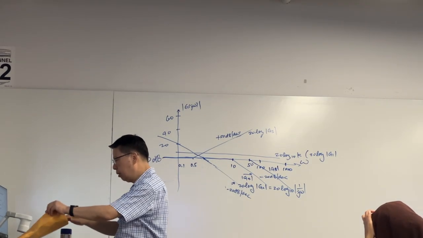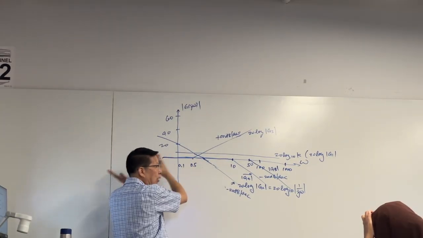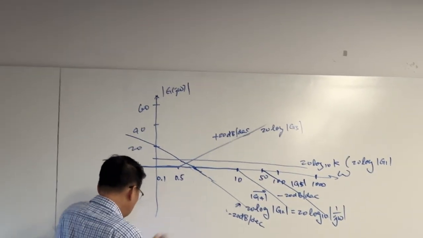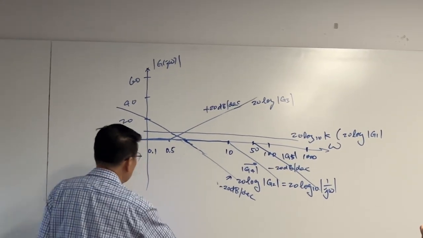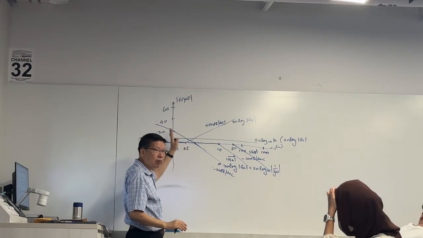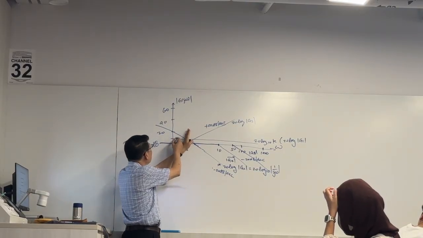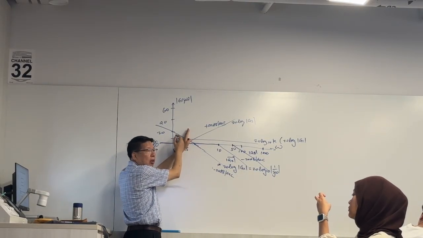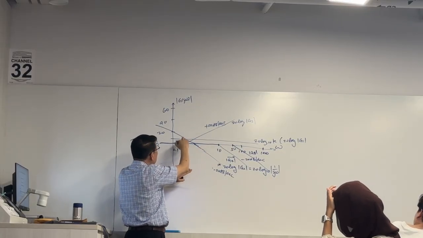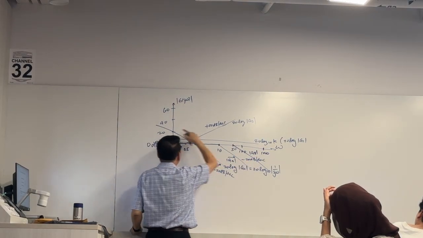Then we say that the overall is the sum of these. Then we start from the left. I use black color to denote the overall. It starts from the left before the first corner frequency. So on the left, we have the 2 contributions only, because all others give you 0. Only this 20 log 10 of K and this one.